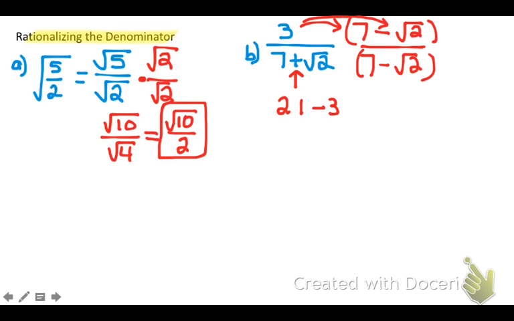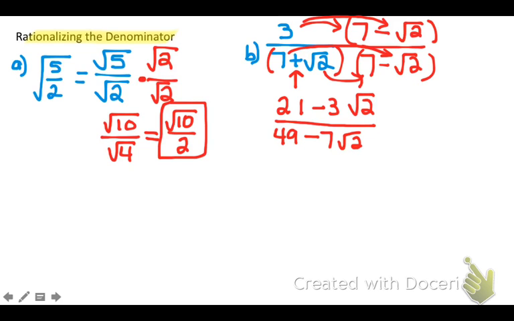So we end up with negative 3 square root 2, and then we're actually going to FOIL this denominator, so 7 times 7 is 49, then we end up with negative 7 square root 2, positive 7 square root 2, and minus the square root of 4.